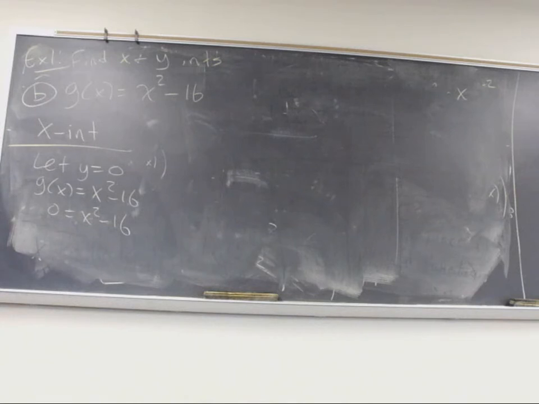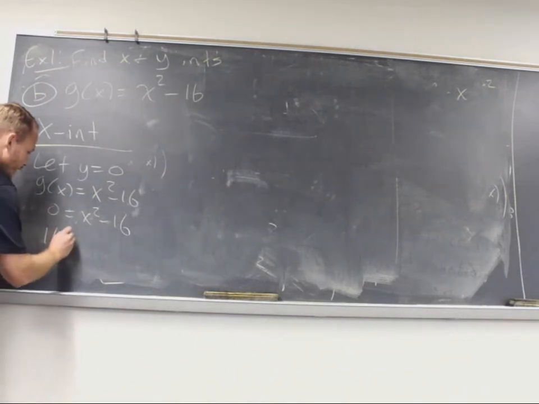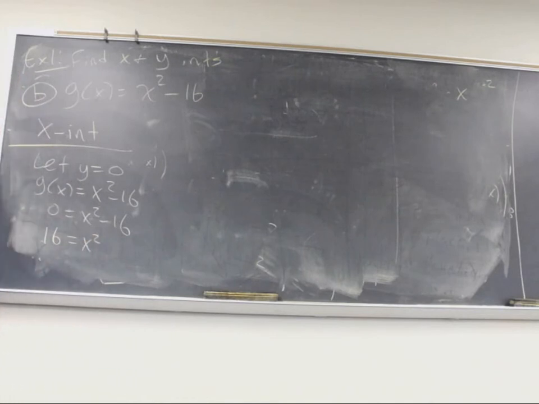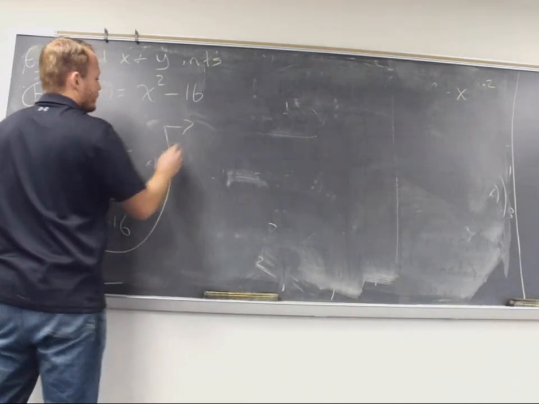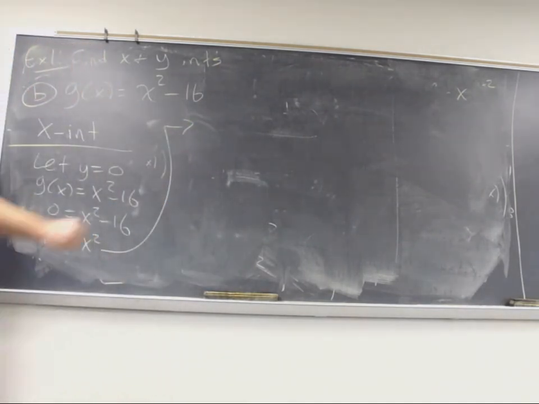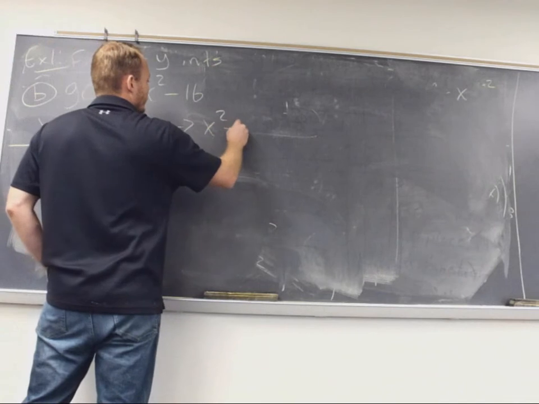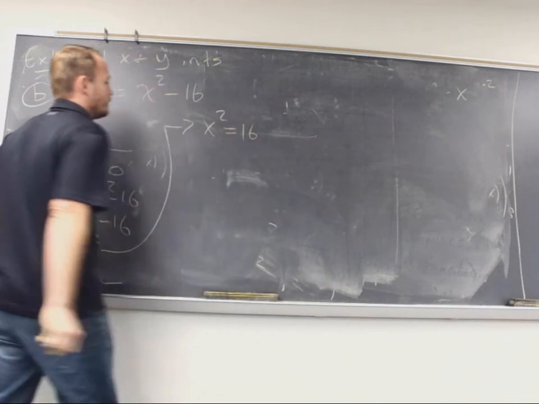Now I add 16 to both sides. So I get 16 is equal to x squared. And most people like to flip-flop these, so I'll go ahead and do that, but you can still continue working just there if you wanted. So I'm just going to rewrite it as x squared is equal to 16.